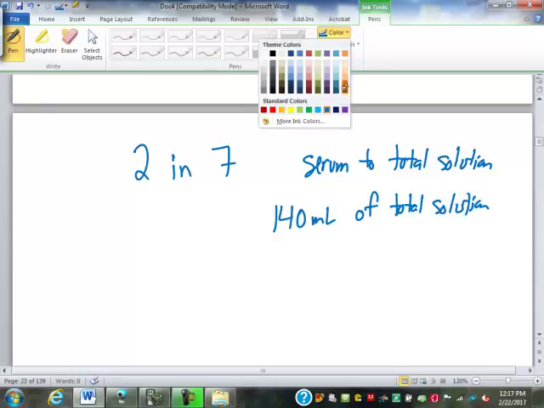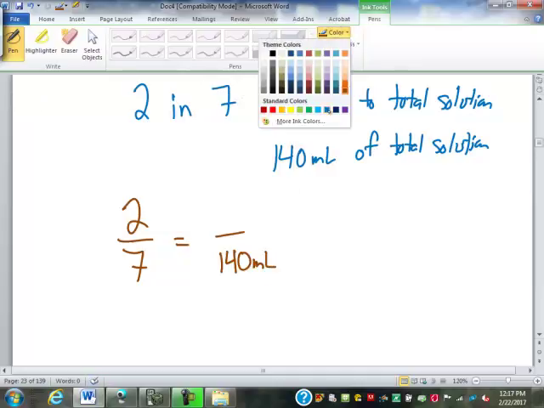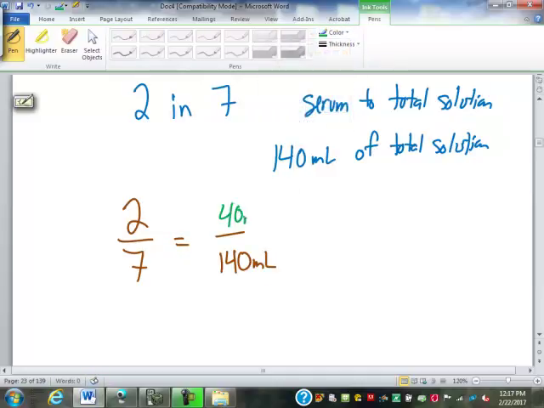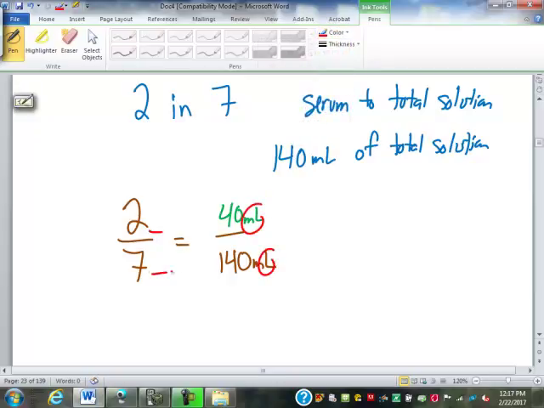We could set that up in one of two ways. The way we did it was we had the 2 and 7, where the 2 represented the serum, and the 140 milliliters went here, and what we found was the 40 milliliters of serum here. So we had the same units here and here, and then these were both unitless.